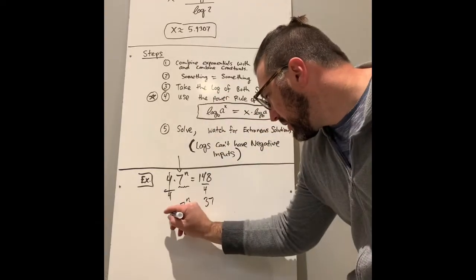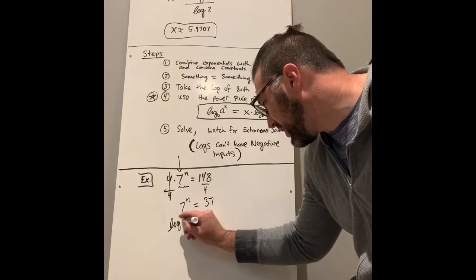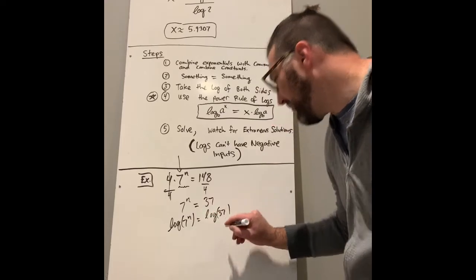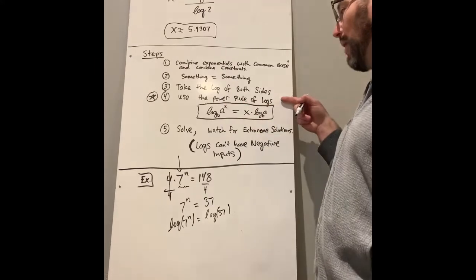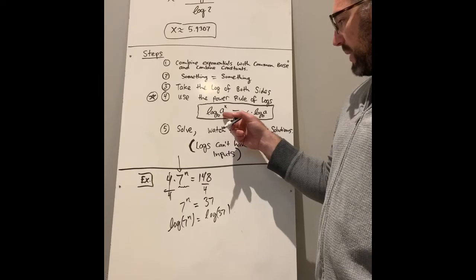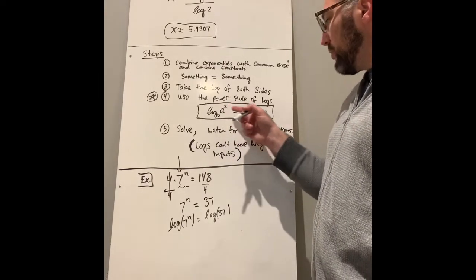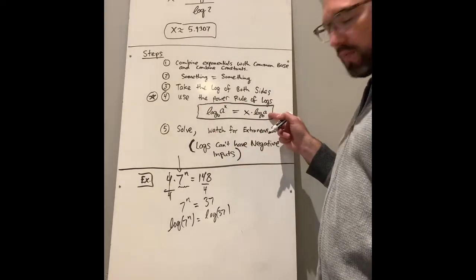And so here, if these two are equal, then that means that the log of 7 to the n power equals the log of 37. And then, this is the most important step, step 4, you use the power rule of logs, which says, if you have a log base b of a that's being raised to the x power, well, that equals the same thing as just bringing that exponent out front and multiplying. Remember?